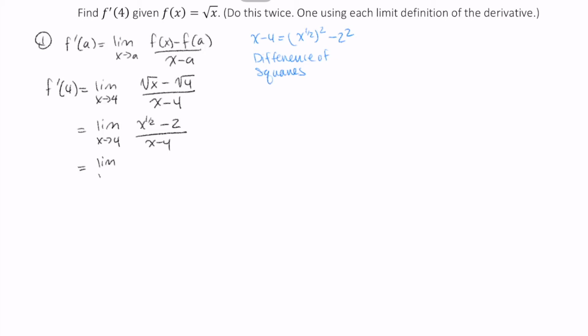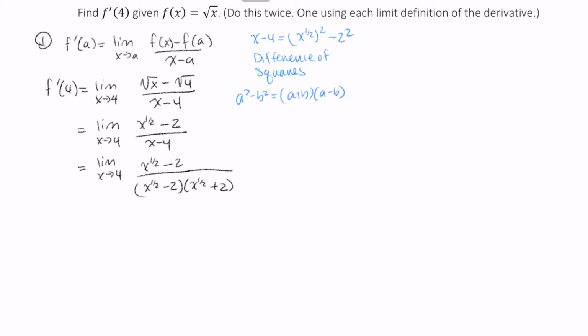That is, I can rewrite this as the limit as x approaches 4 of x to the 1/2 power minus 2 over x to the 1/2 power minus 2 times x to the 1/2 power plus 2. And again, that's because I took advantage of the fact that a difference of squares, a squared minus b squared, factors as a plus b times a minus b.